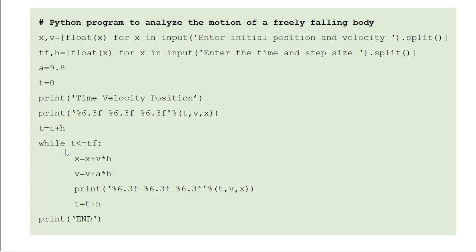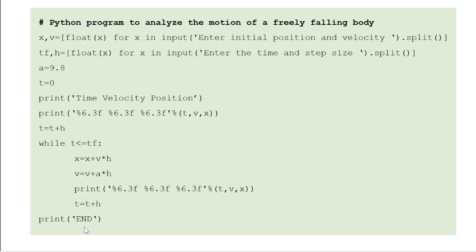To perform the iteration, I invoke the while loop, and the condition is t less than or equal to the final time tf. Inside the loop, I straight away write the equations: x equal to x plus v into h, v equal to v plus a into h. So the position and velocities are modified. Then you print the values. Then you increment time by step size. Once this condition is met, the iteration will stop, then you end the program.